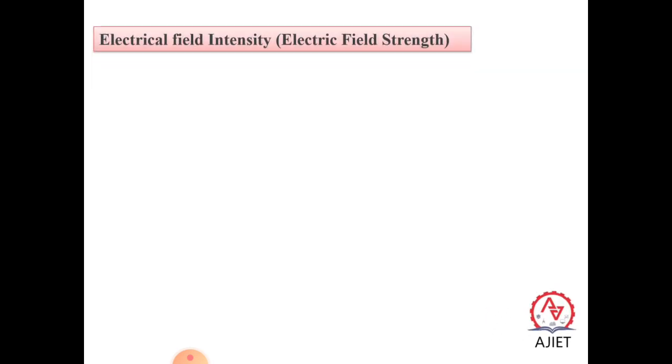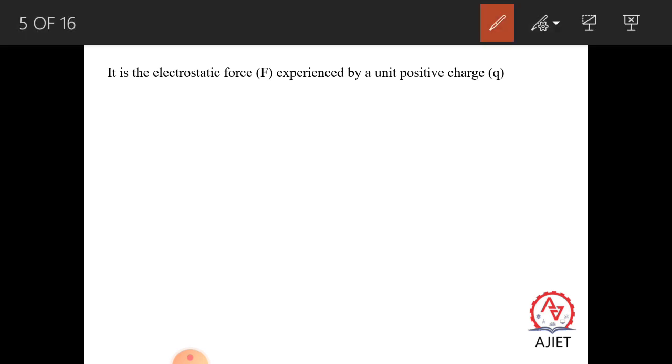The next concept to see is electric field intensity, or electric field strength. It is the electrostatic force F experienced by a unit positive charge Q. For an analogy, let us consider a charge Q1.